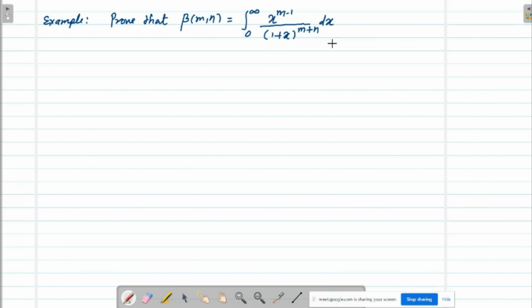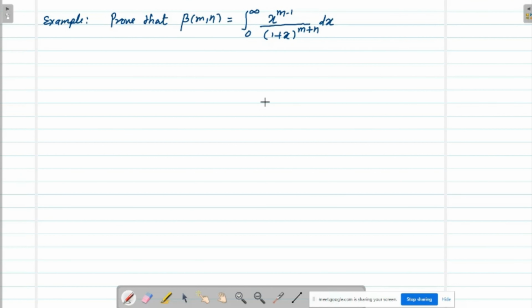Example: prove that beta of mn equals the integration of limit 0 to infinity of x raised to m minus 1 divided by (1 plus x) raised to m plus n dx.